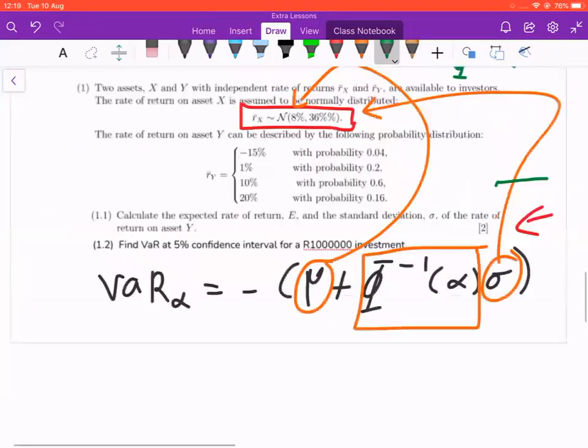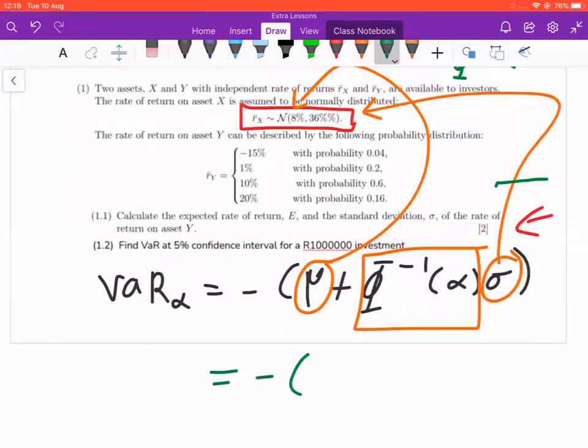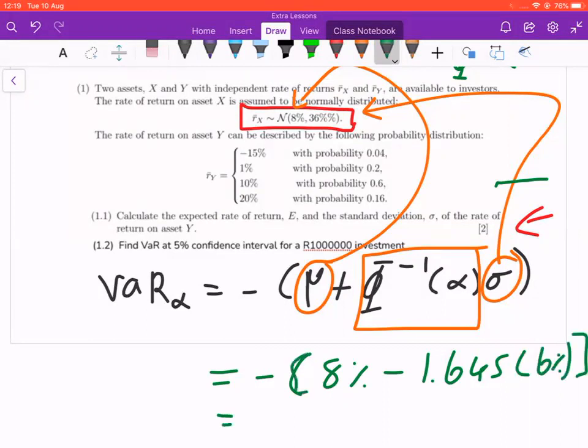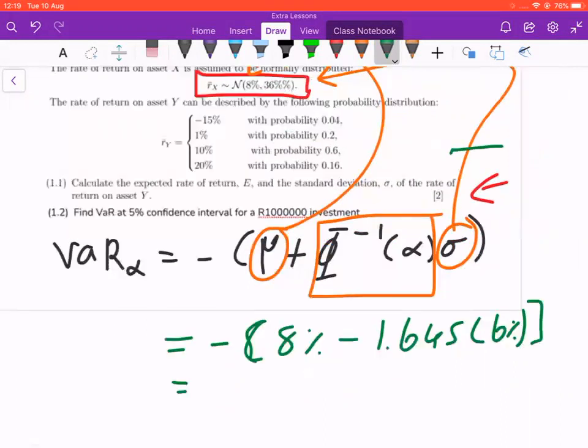So anyway, your VaR is going to be negative mu, 6%, plus negative 1,645 sigma. The sigma was 6%. Then you'll find your answer, right? So this answer would not necessarily be your VaR. You will have to multiply it by the million.